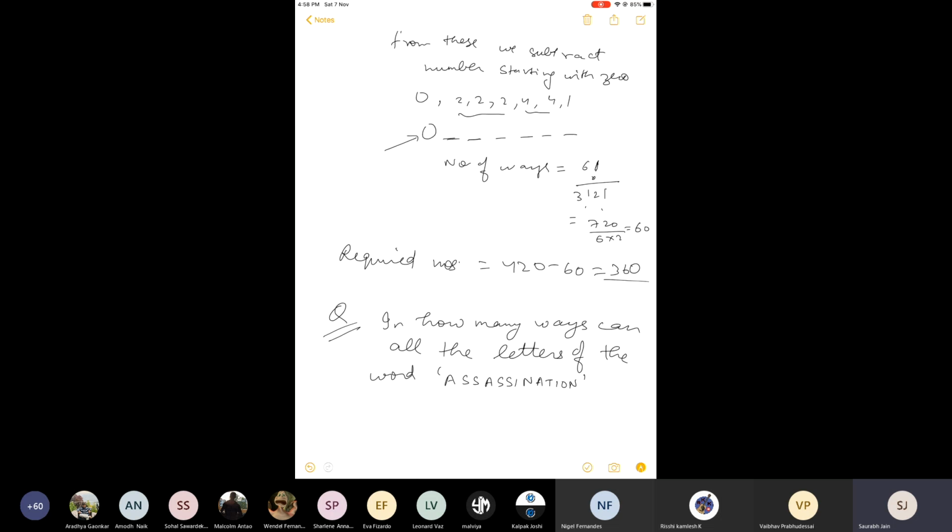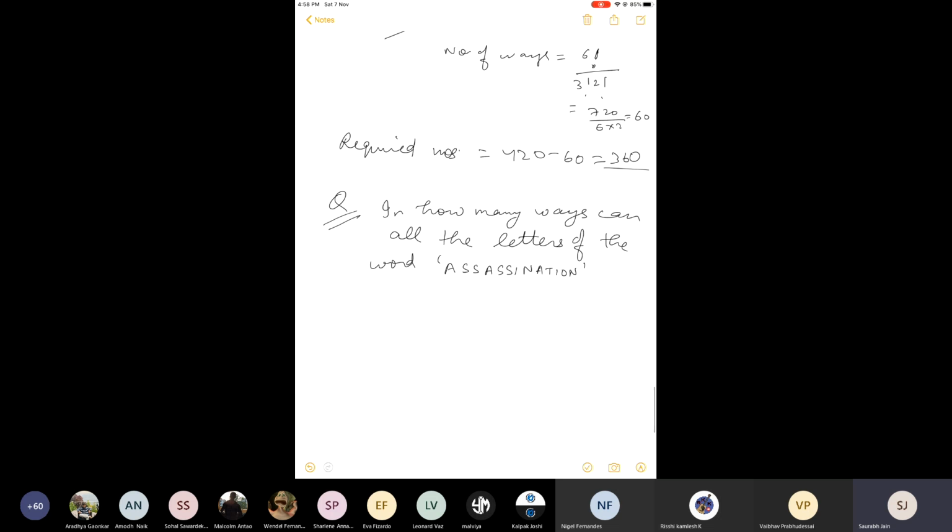The question is, in how many ways can all the letters of the word assassination be arranged so that all the S are together? We have solved such type of questions in previous classes. All the S are together. This is the question. It must be easy for you. That means you can give the answer.